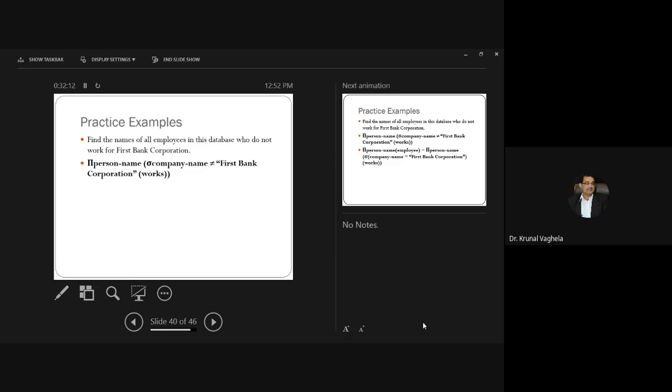Is there any other answer of this? If you remember, we have seen many operations. Select, project, union, set intersection, set difference, and Cartesian product.